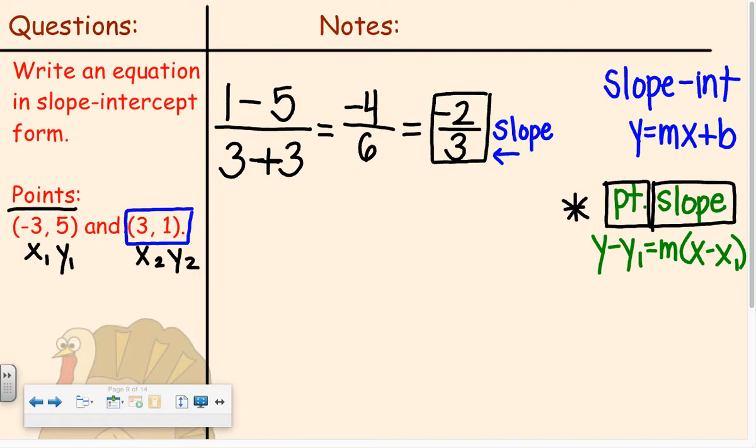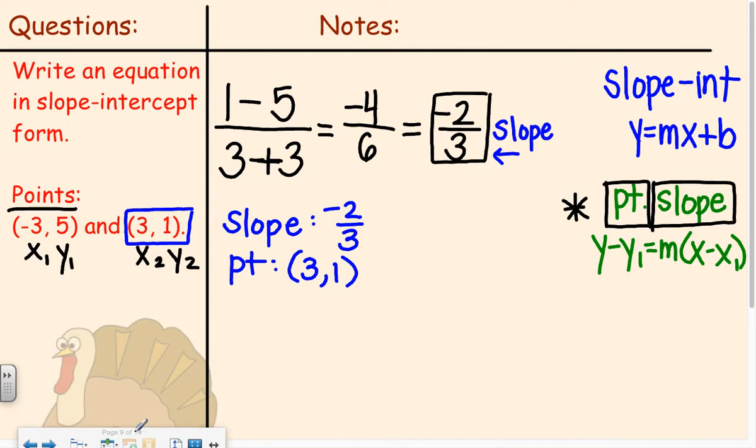So I'm going to use a slope of negative 2/3 and a point of 3, 1 to put my equation in point slope form. So point slope form is y minus y1 equals m times x minus x1.